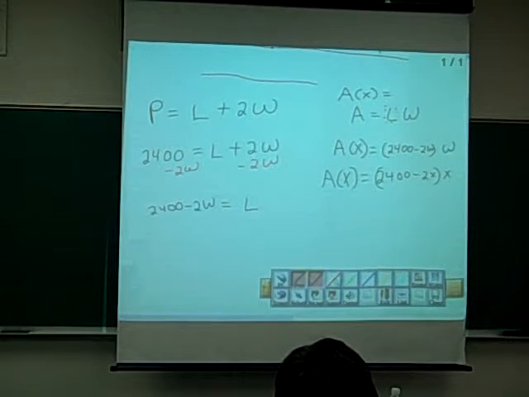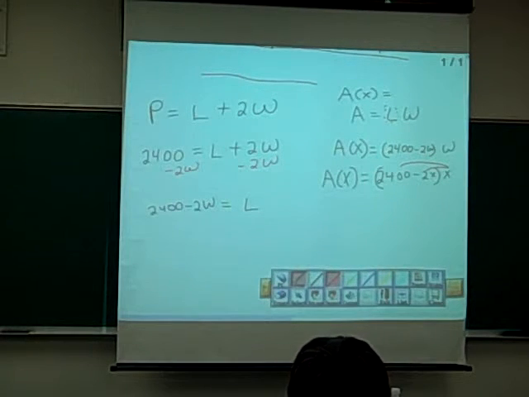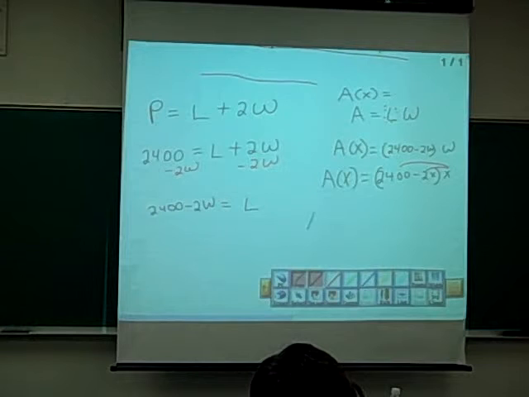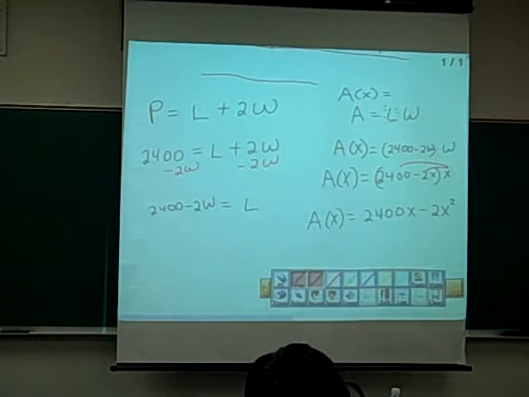Okay? So at this point, what do we need to do? You could technically leave it that way, but you could also go ahead and distribute that x, right? And so this would be area in terms of x is equal to 2400x minus 2x squared. Okay? And that's your model.